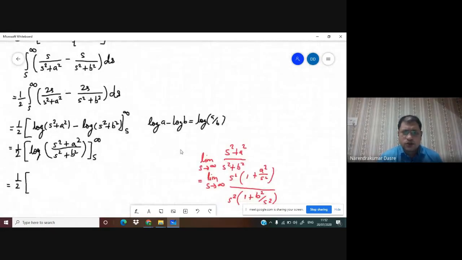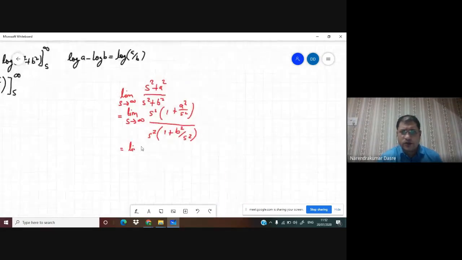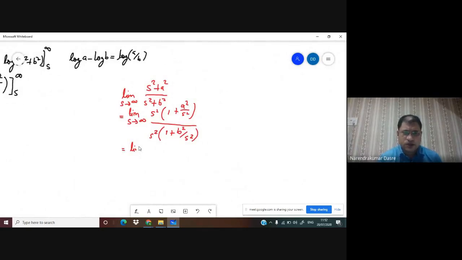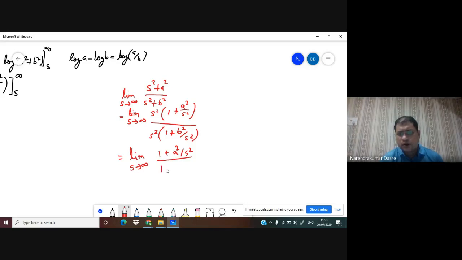So what you'll be having here, this term is equal to limit s tends to infinity of 1 plus a square by s square upon 1 plus b square by s square.